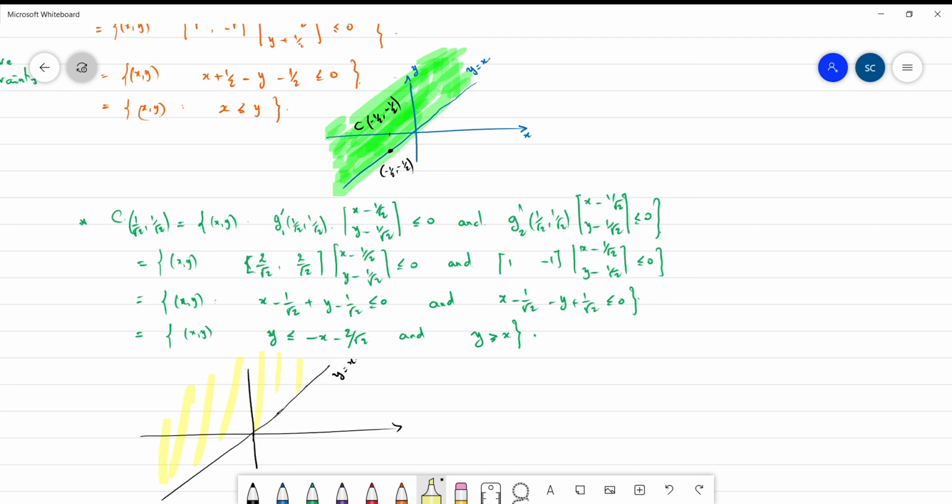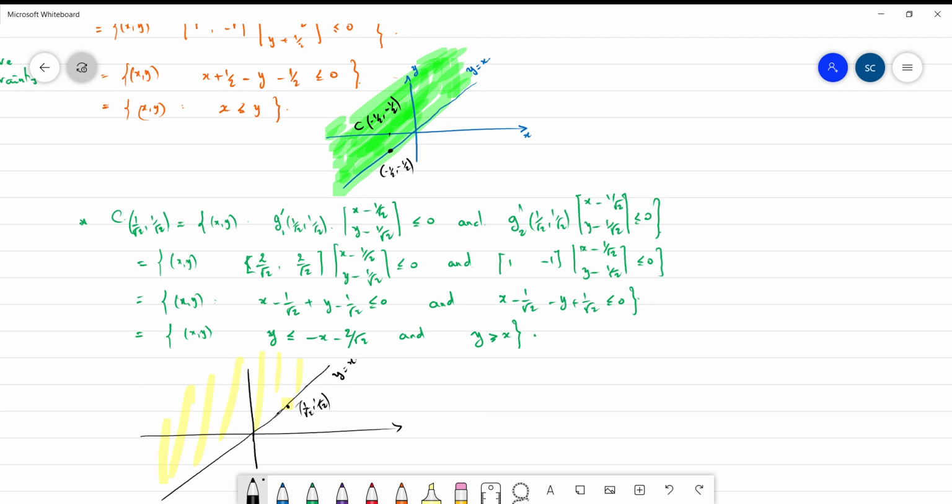So for this region, let's say for x equals 0, my point is here. My point is 1 over square root of 2, 1 over square root of 2, so it is part of the line.